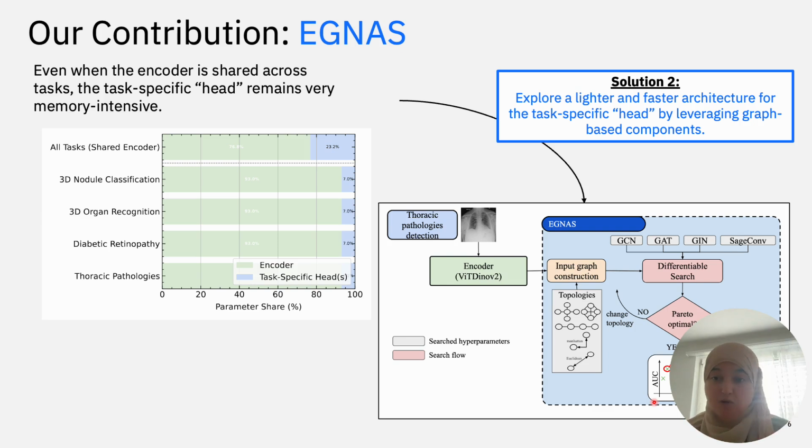We want the smallest possible network in terms of number of parameters, but we still want the highest accuracy, and here it's AUC in particular because of the different tasks we're dealing with. So we're actually doing a Pareto optimization to optimize this differentiable search and to get an architecture that is better in terms of the trade-off between the different objectives.